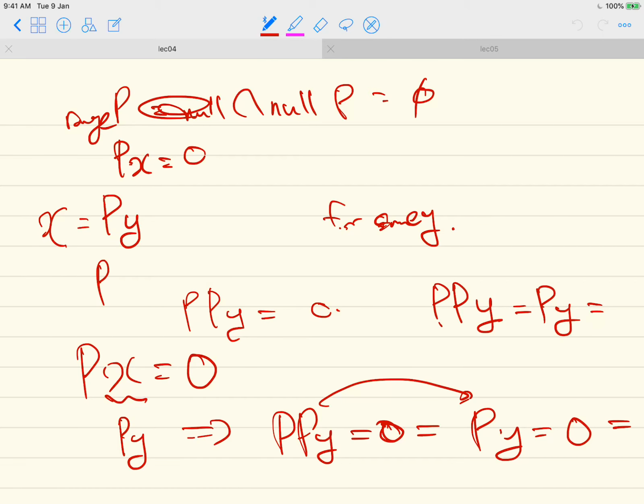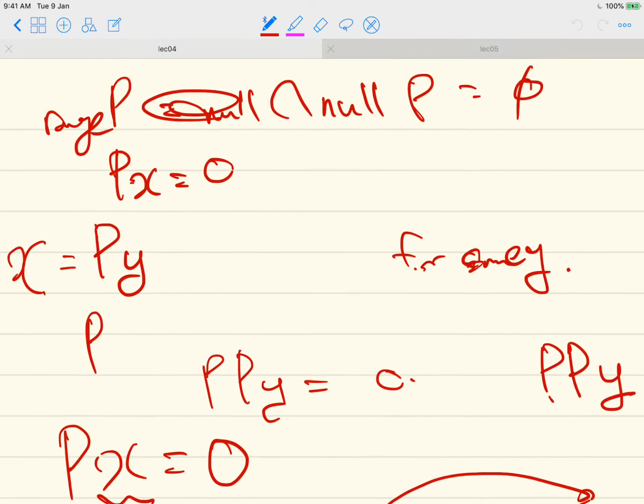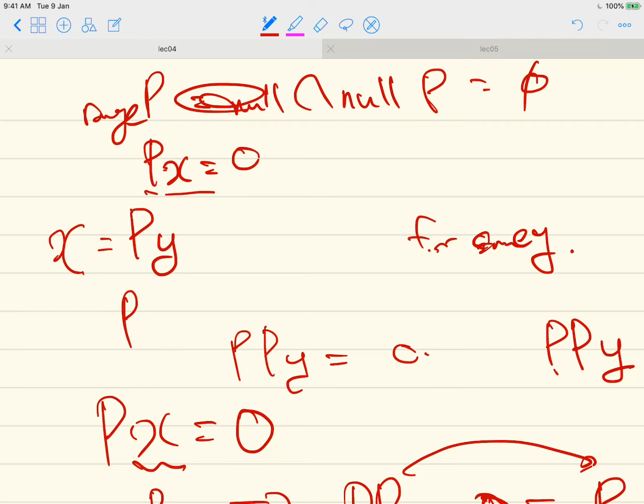So we want to prove that the range and the null space have no intersection. Given the null space definition, this x should satisfy this, and then this x should also be in the range, right?